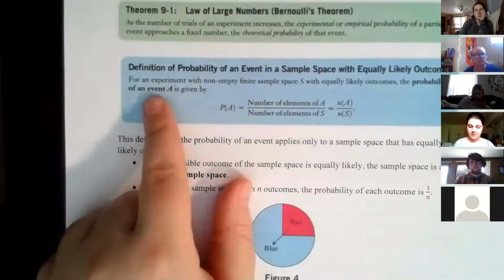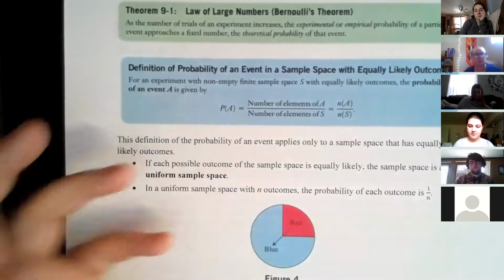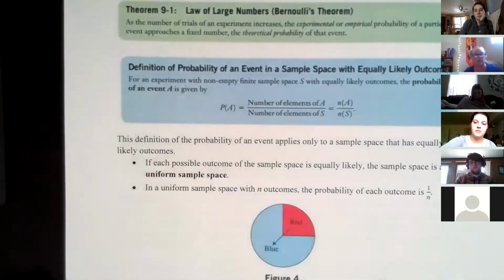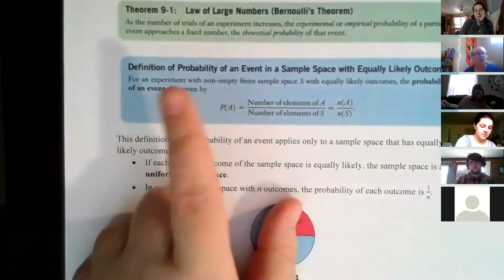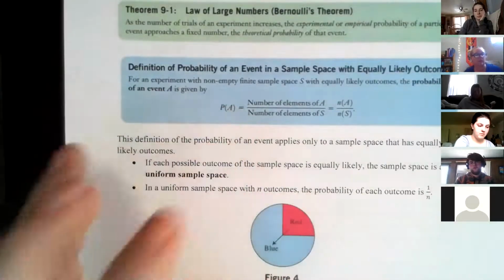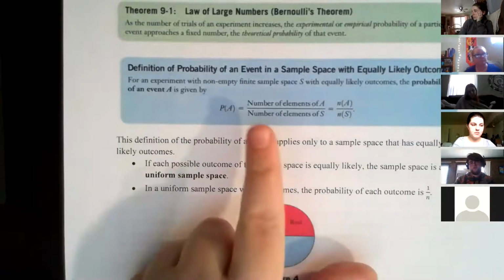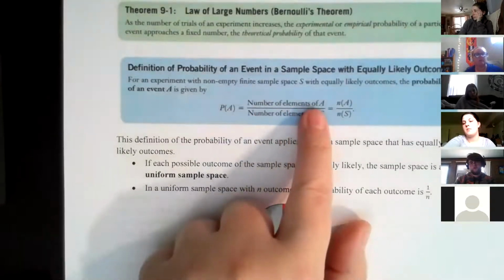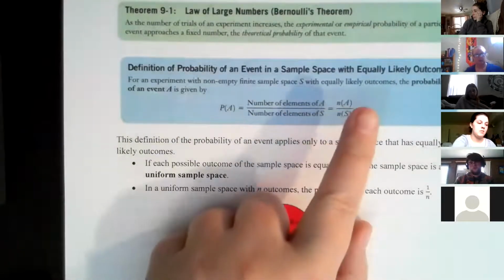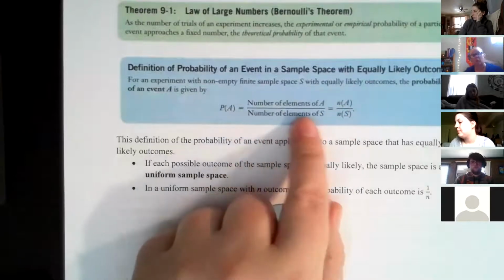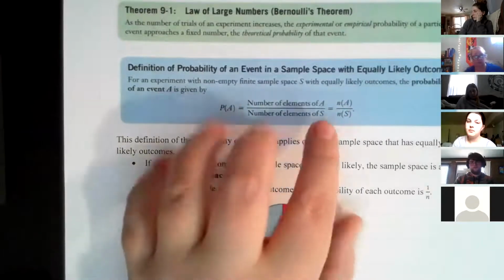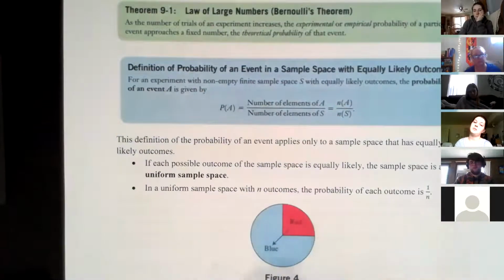And so here, when we look at probability, going back to that question we had earlier, if I want to know the probability of an event happening based on the ways that it can happen, I look at the number of elements of A and divide it by the total number of ways that an event could have possibly happened.